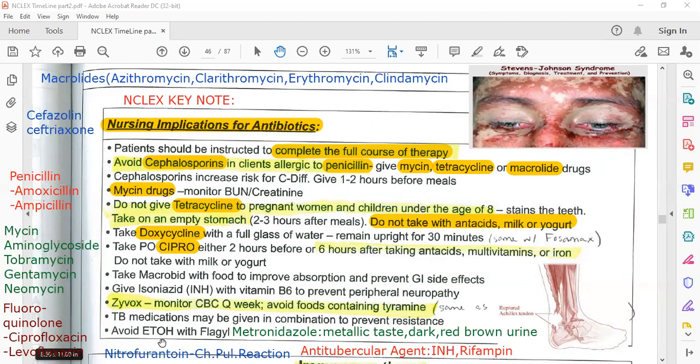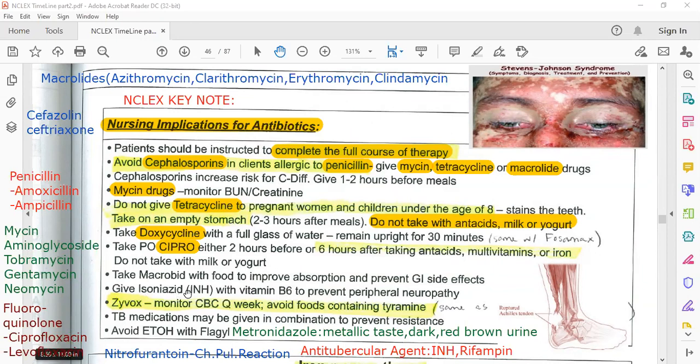They can cause GI upset, dizziness, pruritus, fever, jaundice, also angioedema, or even some patients present with Stevens-Johnson syndrome, a hypersensitivity reaction, in the case of Macrobid. Take Macrobid with food to improve the absorption and prevent GI upset because they can cause GI upset.